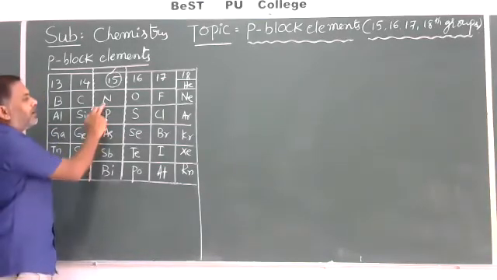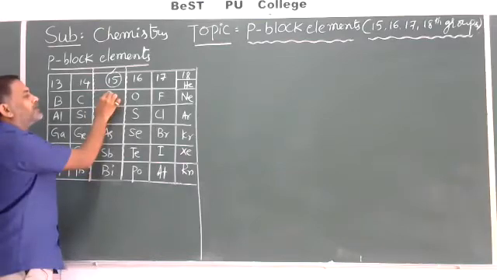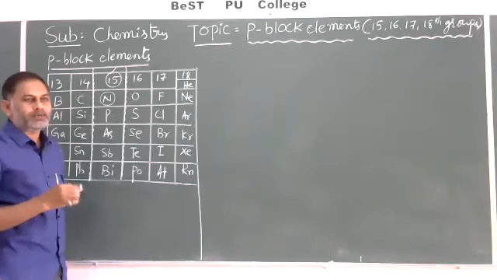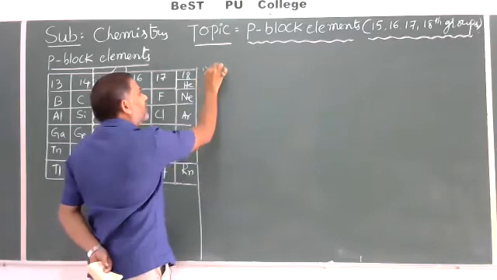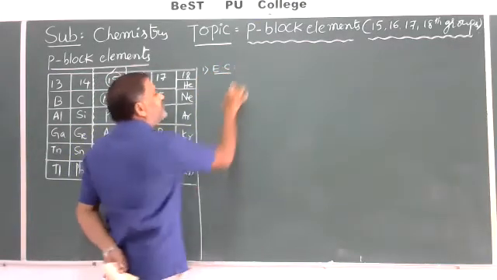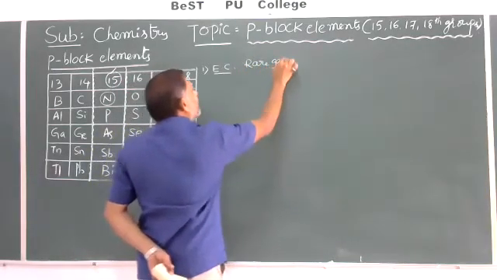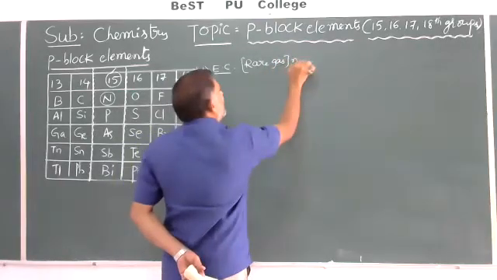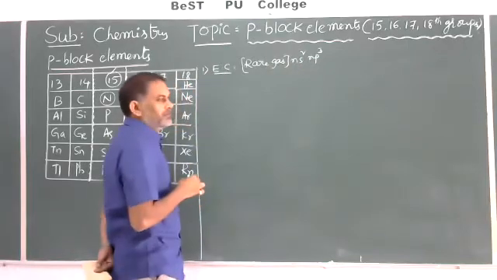Then based on their electronic configuration, one most important point was explained, that is the anomalous or peculiar properties of nitrogen. Once we observe the electronic configuration of these 15th group elements, the general one is rare gas ns2 np3.